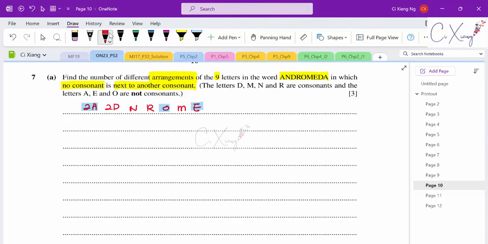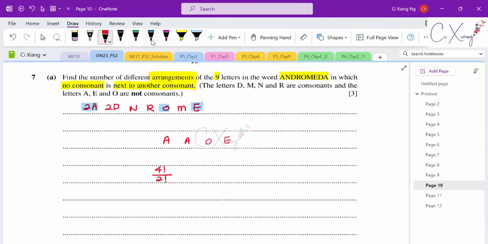Okay, now I try to focus on arranging these 4 letters first. A, A, O, E. How are we going to arrange the 4 letters here? It will be actually 4 factorial. But because the 2 A are identical, therefore you have to divide it by 2 factorial. Okay, so this is the number of arrangements for the 4 letters here.